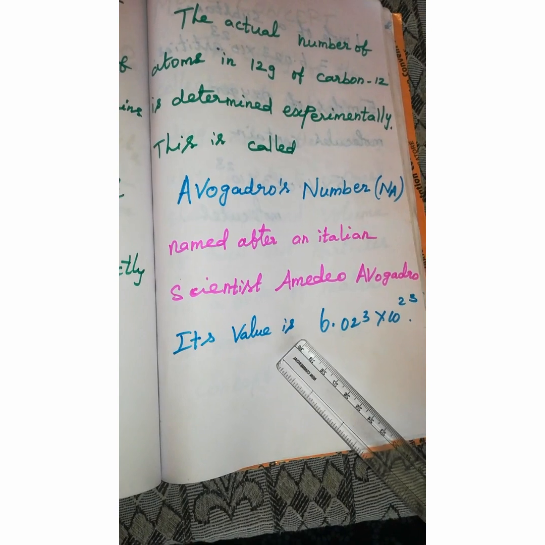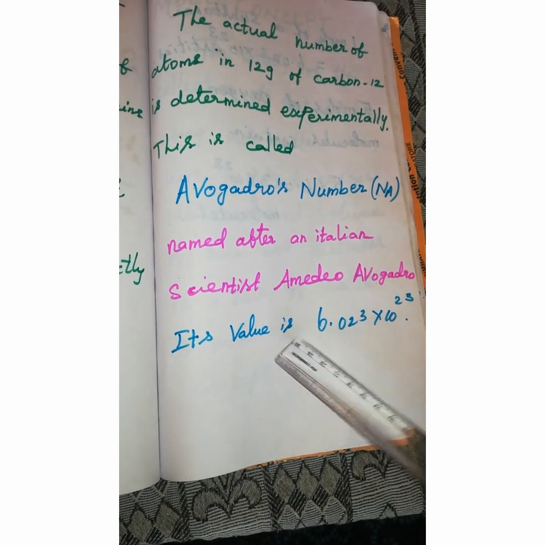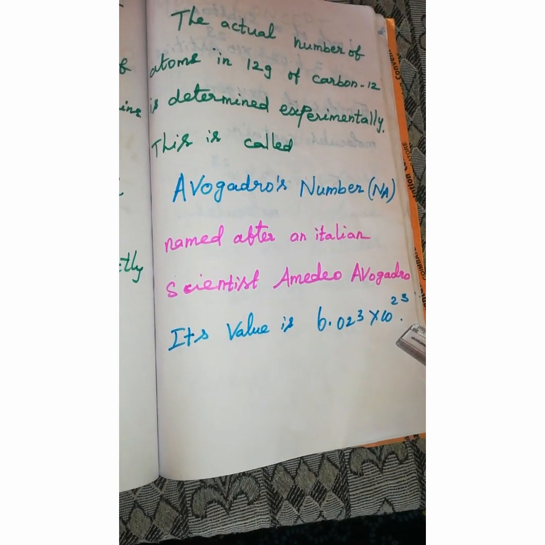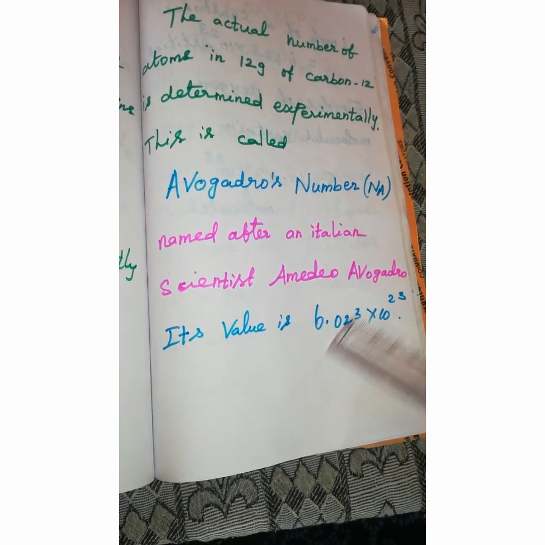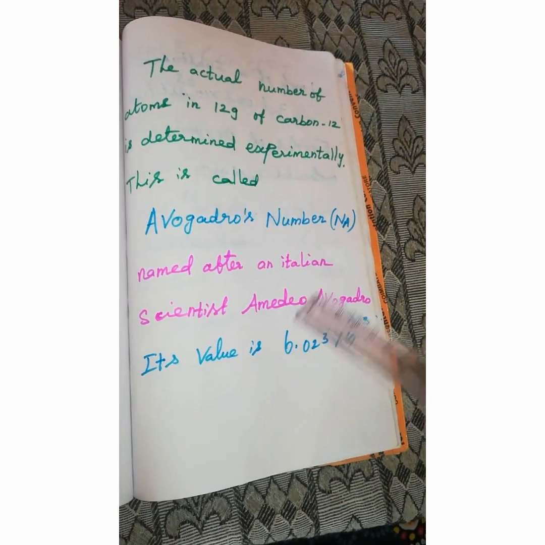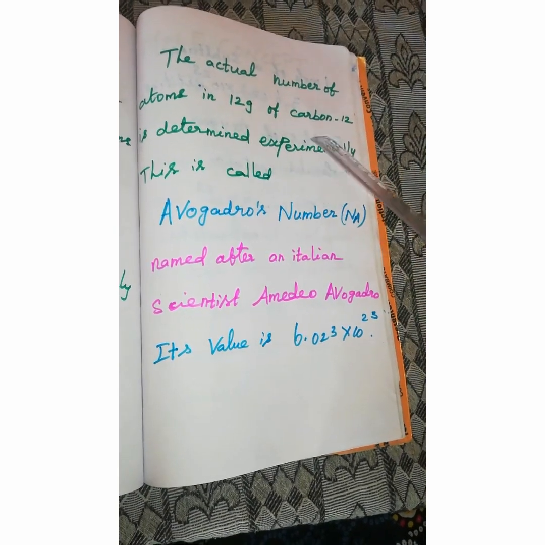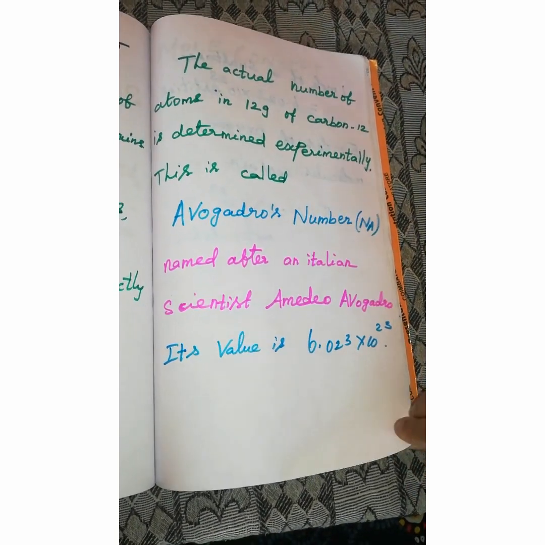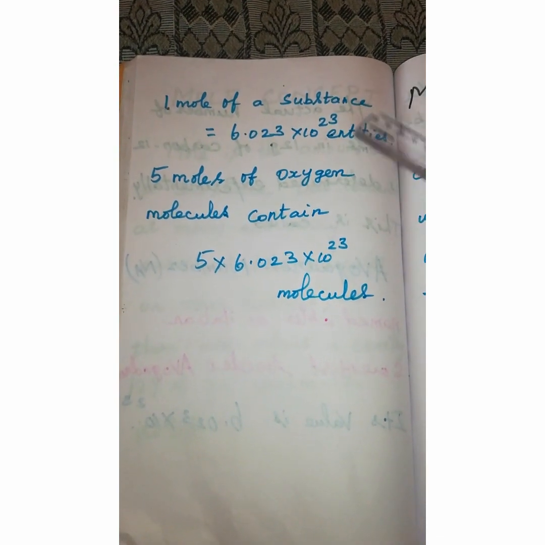The Avogadro number is 6.023 into 10 power 23. That is, 6.023 into 10 power 23 particles are present in 12 gram of carbon 12 atoms. So 1 mole of a substance is equal to 6.023 into 10 power 23 entities.